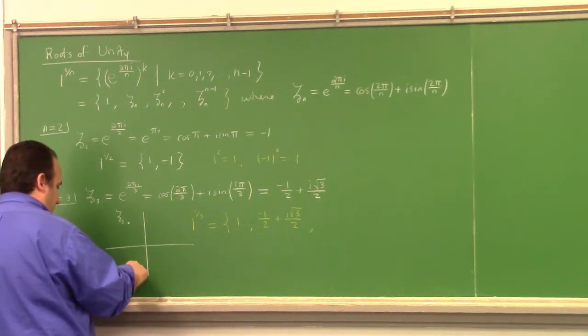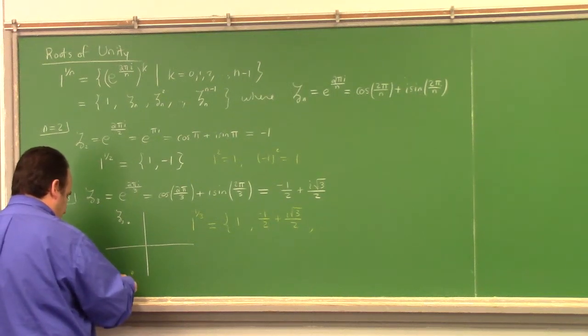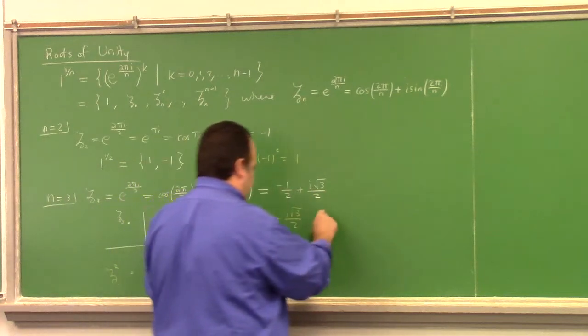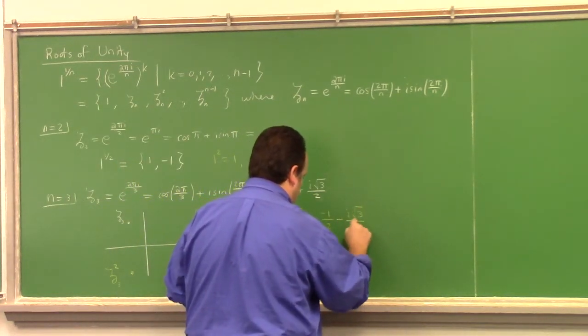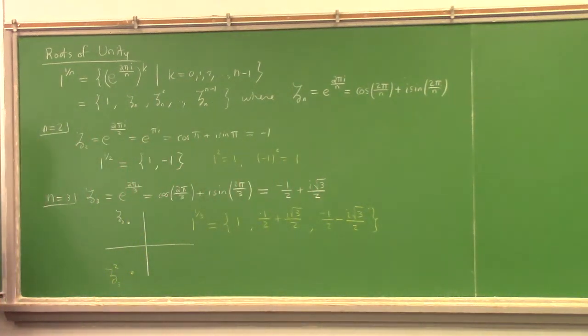So that's like down here. Zeta 3 squared is down there. So the other one is minus 1/2 minus I square root of 3 over 2. So these are the three complex numbers whose cube is 1.